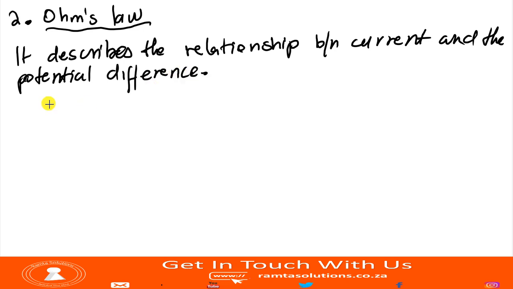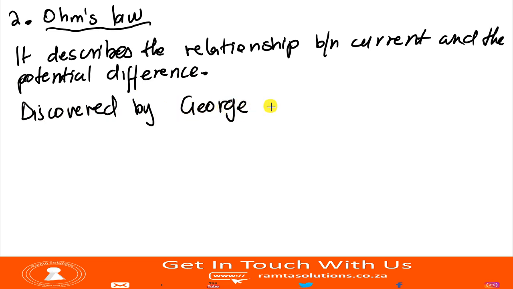Okay? So it was discovered by this, I think he's German, if not German, Dutch, whatever. Yes, he's German. It was discovered by this German mathematician and physicist by the name George without an E, Simon.